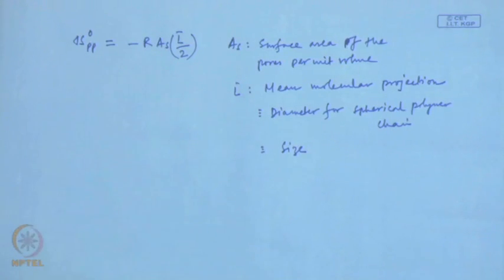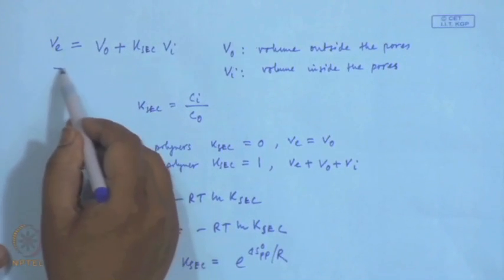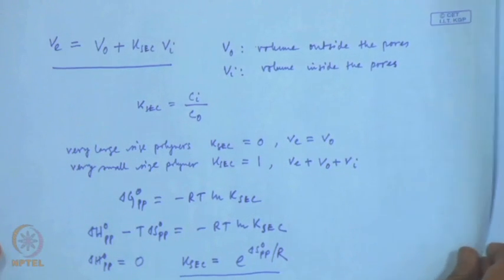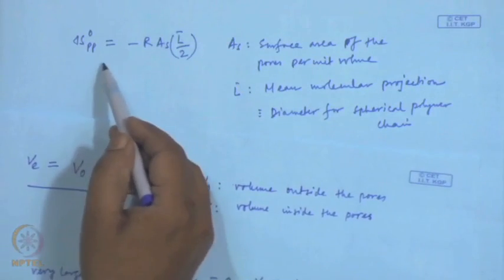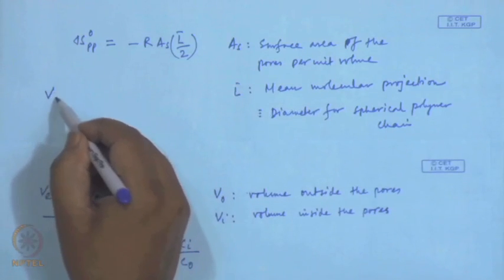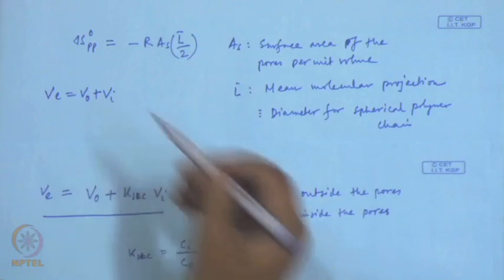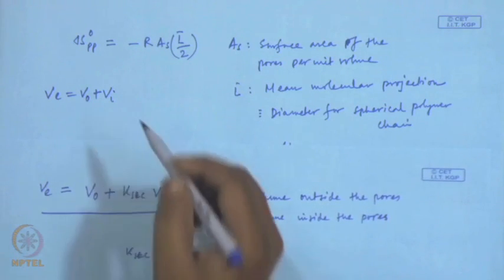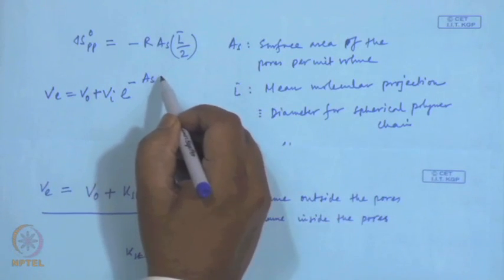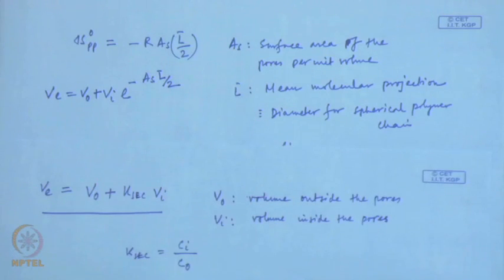So, if we look at this expression here, and we know K_S is this and V_E is this, we can simply write V_E is V_0 plus V_I e to the power minus A_S L dash by 2.